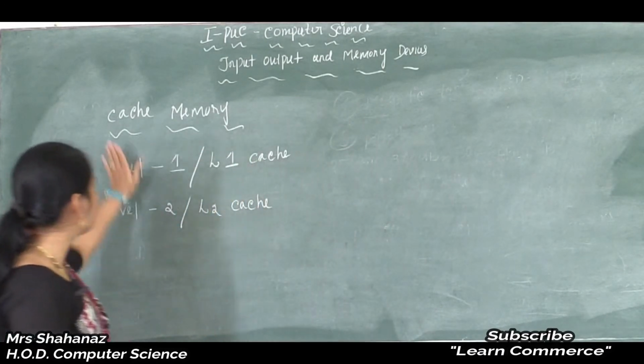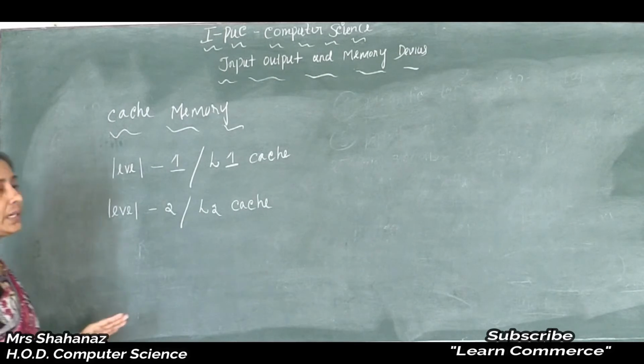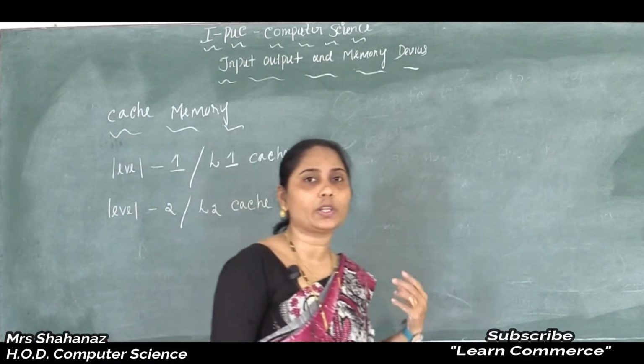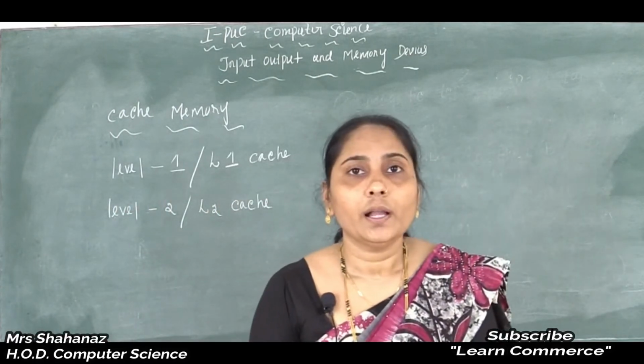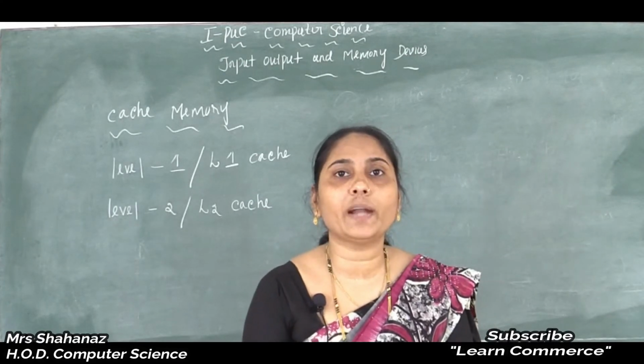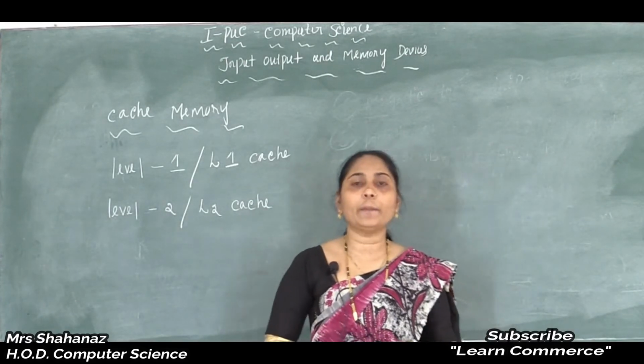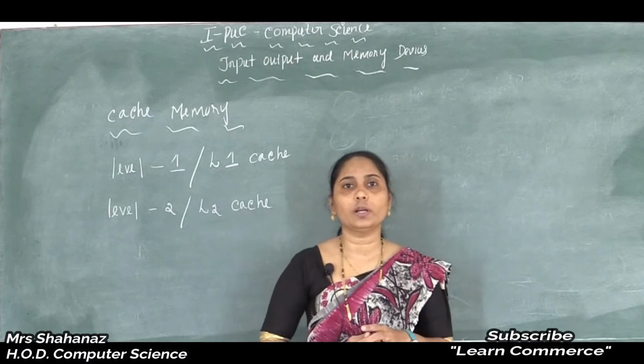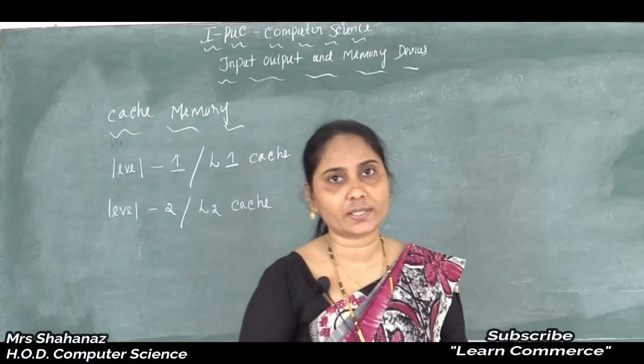And in our cache memory, before starting, it is also a memory. We know that memory is the most essential part of the computer, and memory is used to store the data and the instructions.